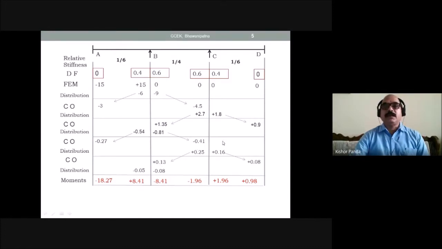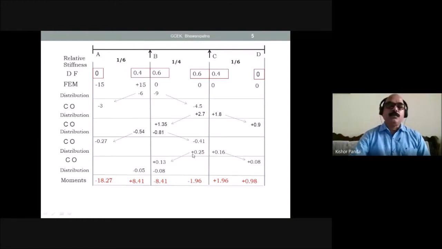Because this side there is no moment, and this side is minus 0.41. So the net moment here is minus 0.41. So this moment you have to balance, and put on this side and this side by multiplying with the distribution factor. So 0.41 into 0.6, you have to put 0.25 in positive sign, 0.41 into 0.4, and you have to put here 0.16 in positive sign. This is the balancing of the moment.